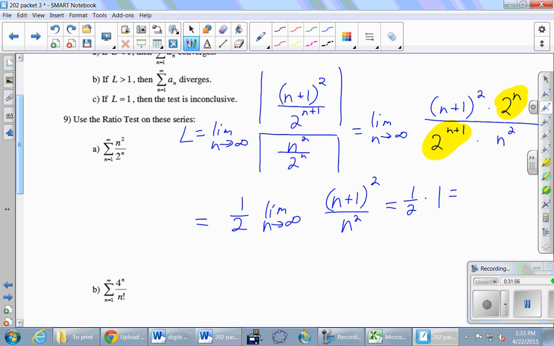It is n squared plus 2n plus 1. But yes, the 2n goes to infinity, but it is dwarfed by the n squared, which is going to infinity so much faster. Before we think about canceling the n squared on the bottom, we've got to think about what's really happening on top. And really on top, the n squared is the only part that matters.